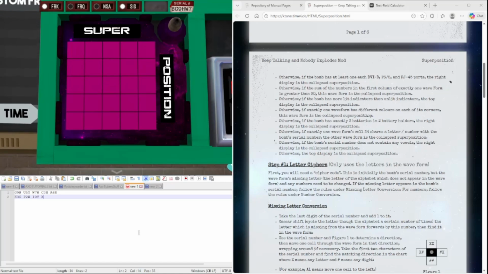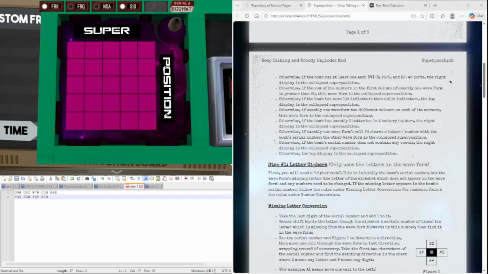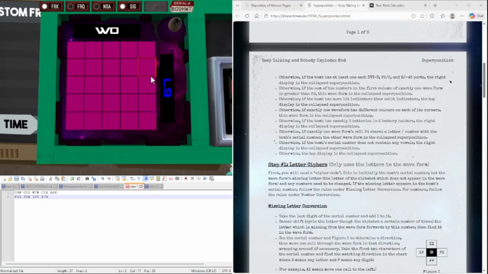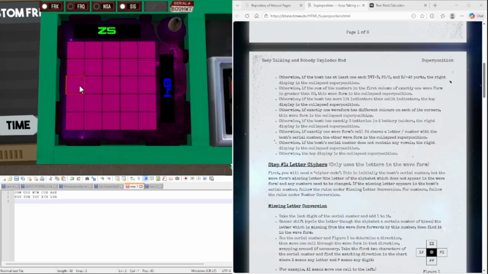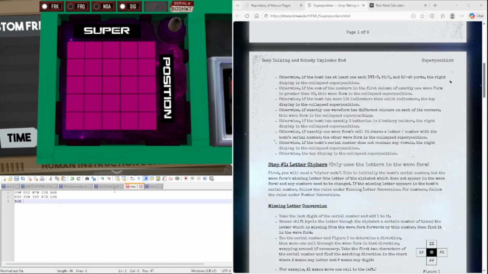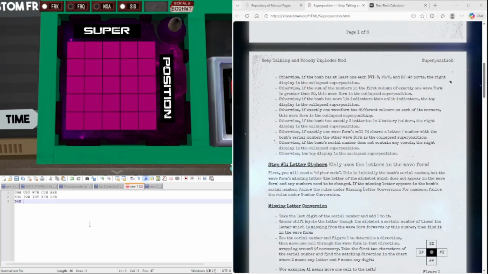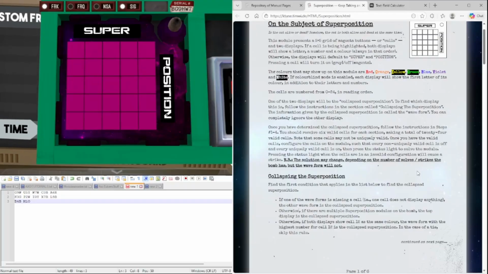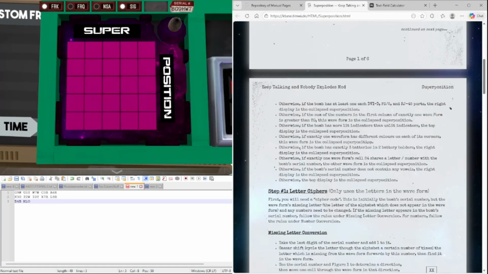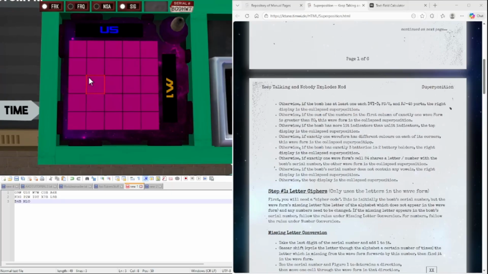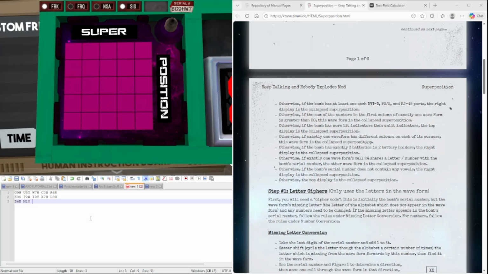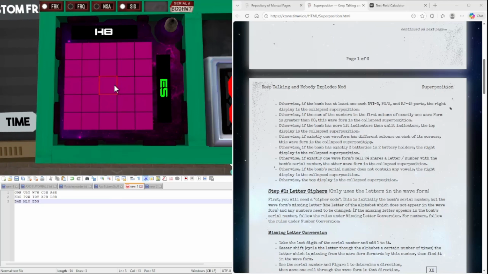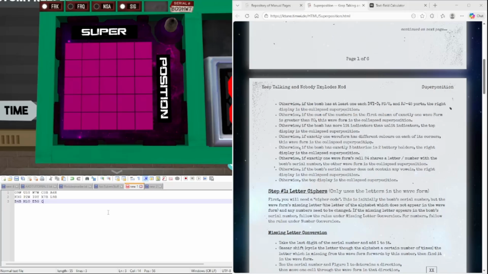X7 blue. And L9 blue. B4 blue. M1. Is that the orange? Then I think it would be anything else. And that one has to be orange. E5 green. Q7 green.